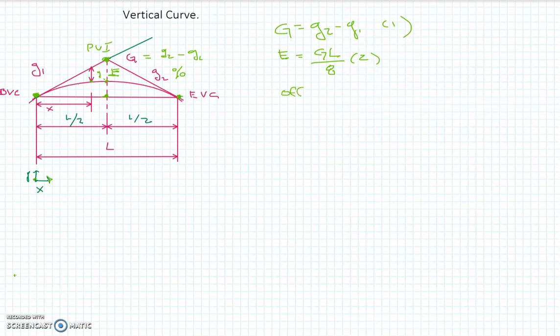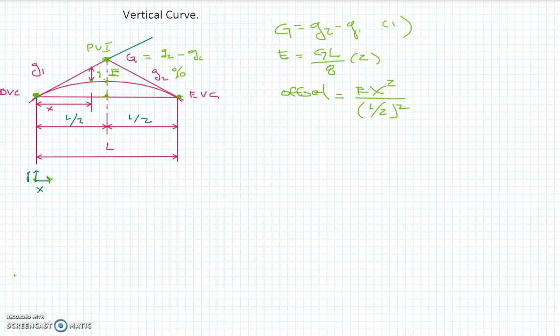Offset is equal to E times the square of the distance x divided by L divided by 2, squared. This offset is the distance from the curve to the slope everywhere, for the general determination of the offset, or the distance between the curve and the slopes.